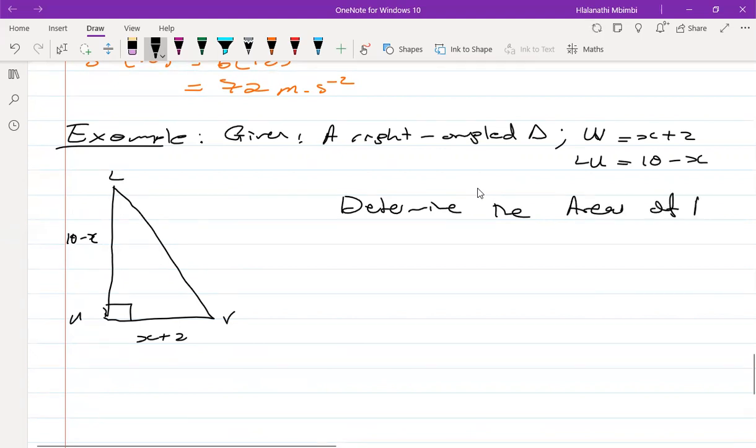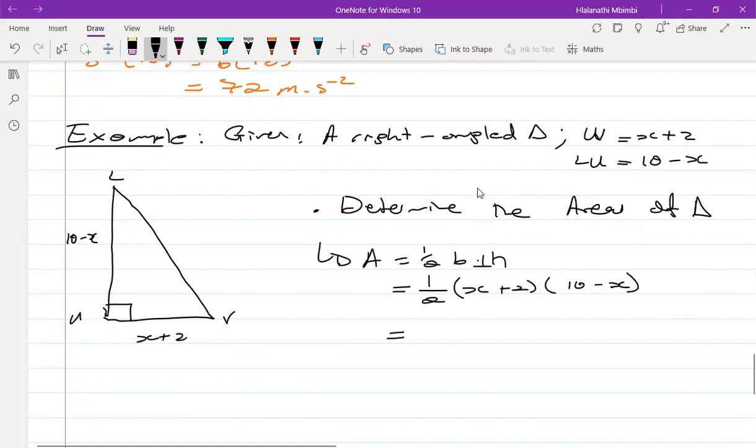Isn't it going to be half base times height? Yes, so the area is half base times the perpendicular height. So that would be half, your base is x plus 2, your height is 10 minus x.